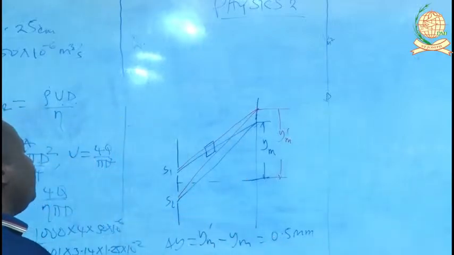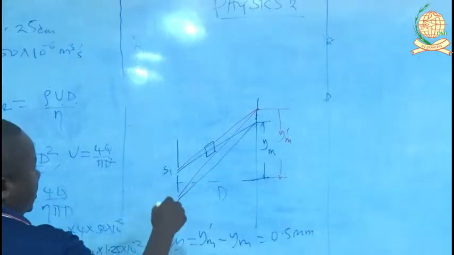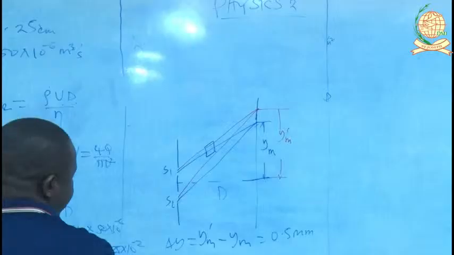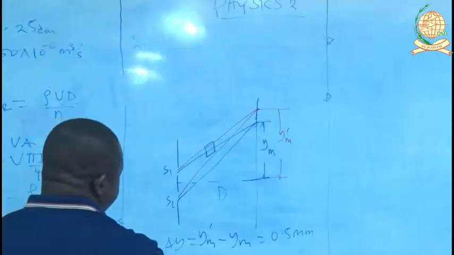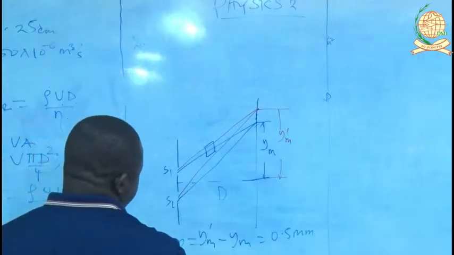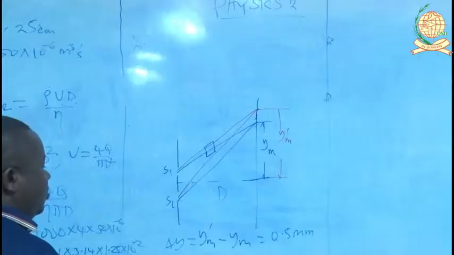So first of all, if this is d, we know that y m is equal to lambda D over d.